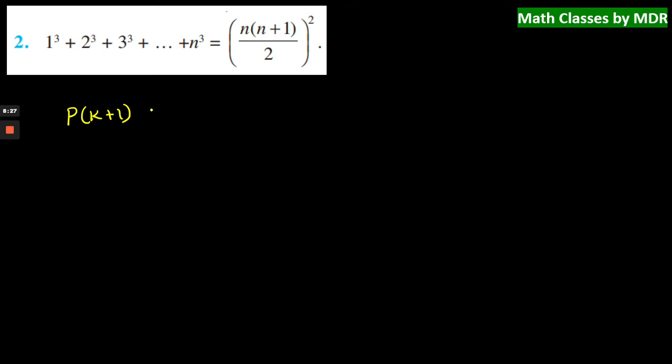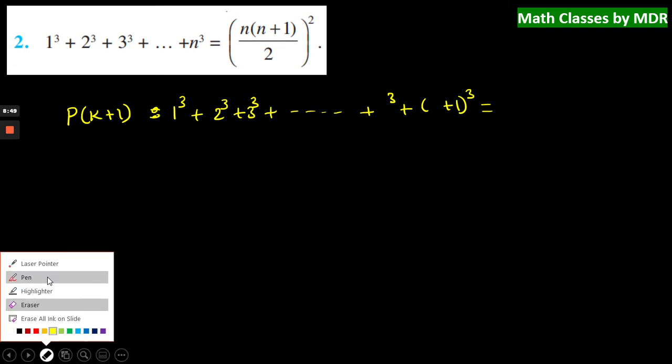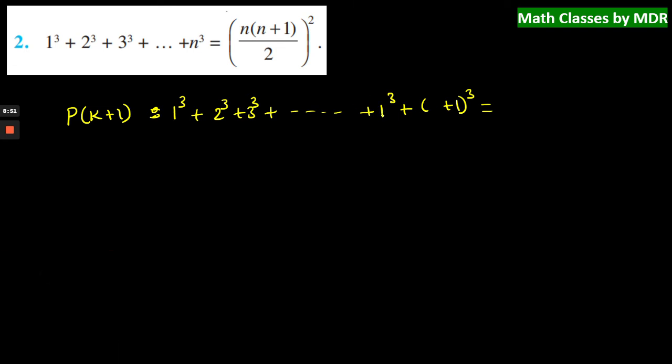So p of k plus 1 is equal to, maybe you can take it as 1 cube plus 2 cube plus 3 cube and so on plus k cube, and we will have one more term, that is k plus 1 whole cube. Wherever you have n, you have to replace it with k plus 1, right?